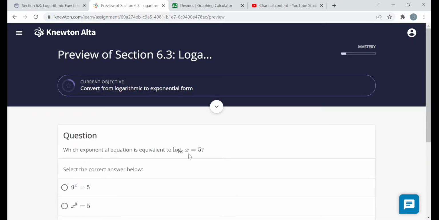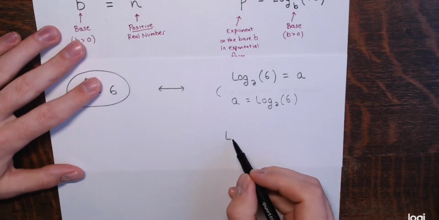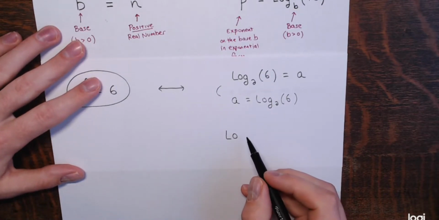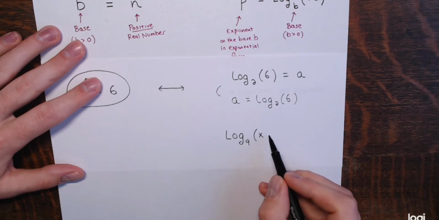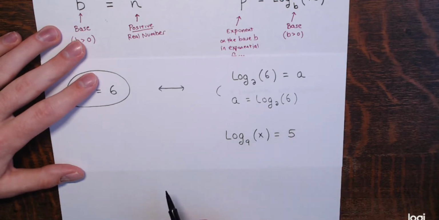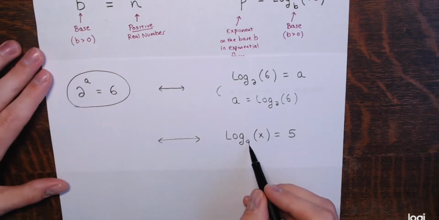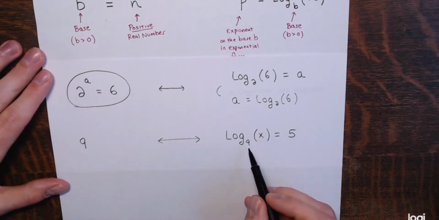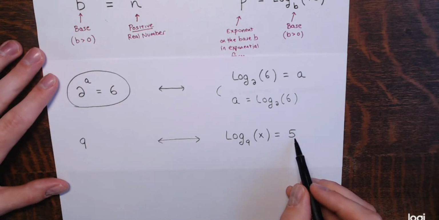All right, so here's another one, logarithmic to exponential. So again, this time we're given the log base 9 of x equals 5. Now, you don't have to switch the sides, but remember the little base on the log is the base over here, and then the number the log is equal to is the exponent. Logs are exponents.